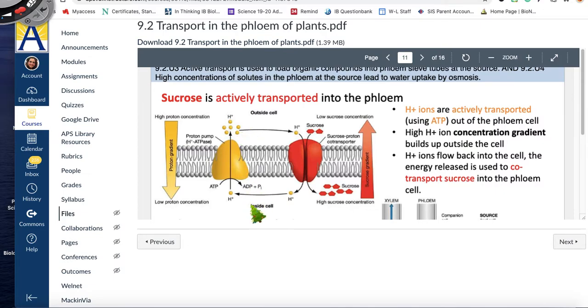So this is the phloem side on the inside. This is the outside. Here are the hydrogen ions, and then they diffuse back in through the sucrose co-transporter, or the co-transport protein, and then sucrose is picked up, right? When that hydrogen ion diffuses back in, it releases energy, picks up the sucrose, and then the sucrose comes back in.